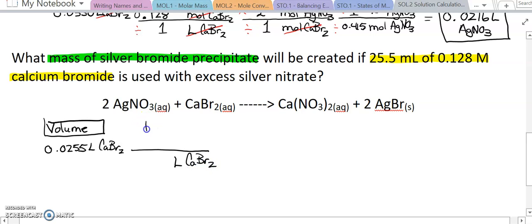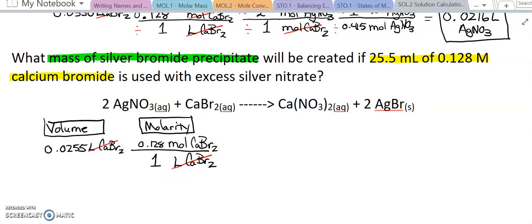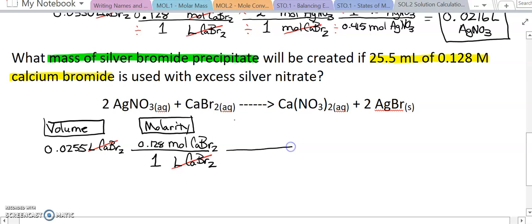And they're going to give me a molarity that is going to allow me to switch it to moles. So if liters is on the bottom for molarity, moles goes on top. And the problem tells me that it is going to be 0.128 moles per 1 liter of solution. And that allows liters to cancel, top and bottom, and it leaves me with moles, so that now I can use my mole ratio.